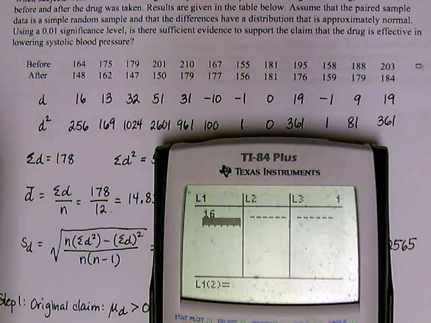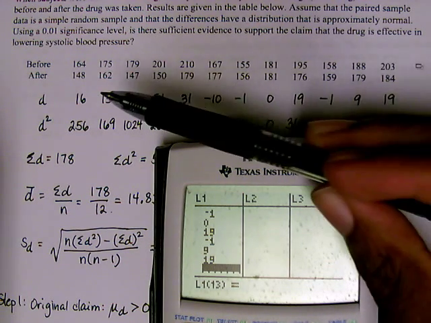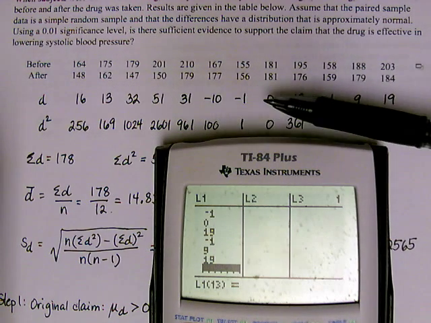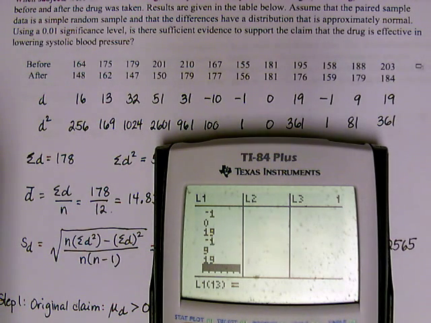So I have 16, enter, 13, enter, 32, enter, 51, enter, 31, enter, negative 10, enter, negative 1, 0, 19, negative 1, 9, and finally 19. Make sure you hit enter after each data value, especially the last one. And I'm only entering the row that has the individual differences, that's the D's.